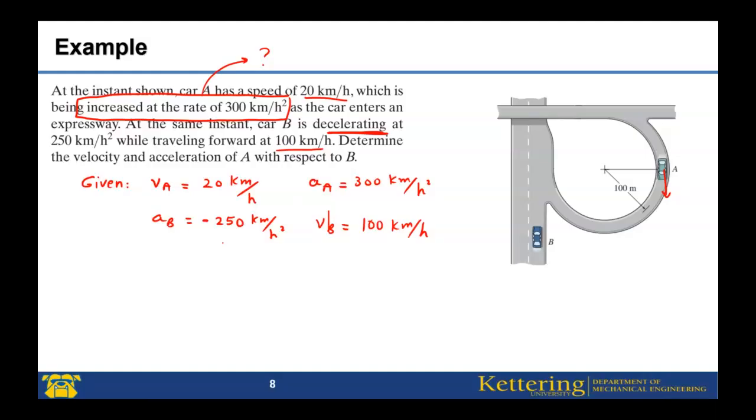What I am looking for is exactly what is mentioned: the velocity of A with respect to B, and the acceleration of A with respect to B. I am looking for these two.